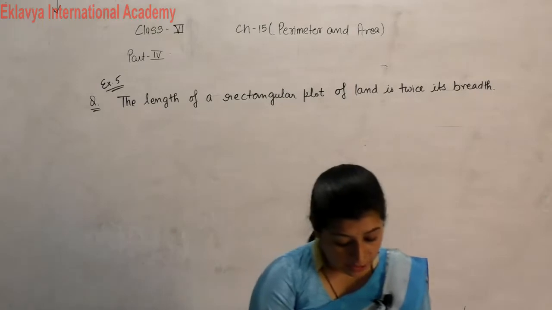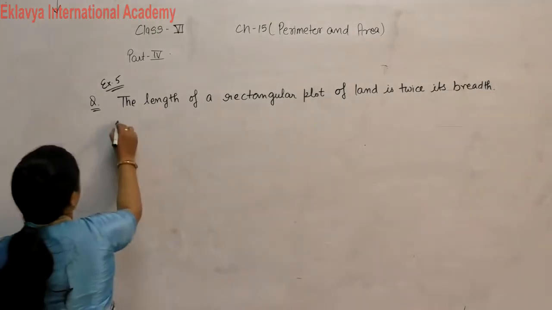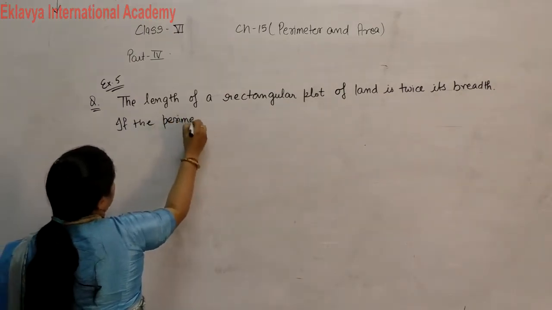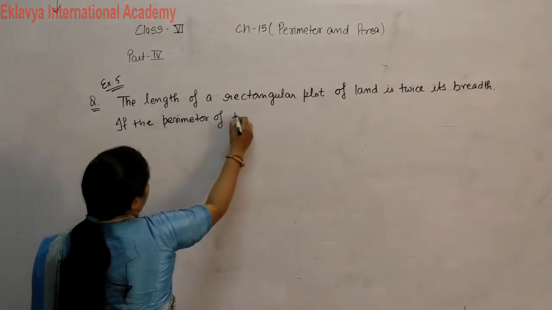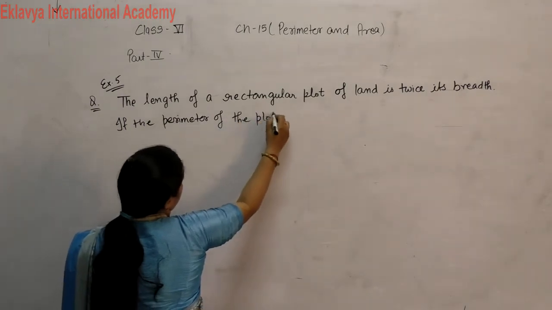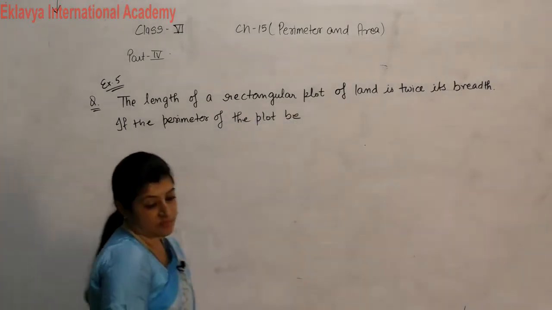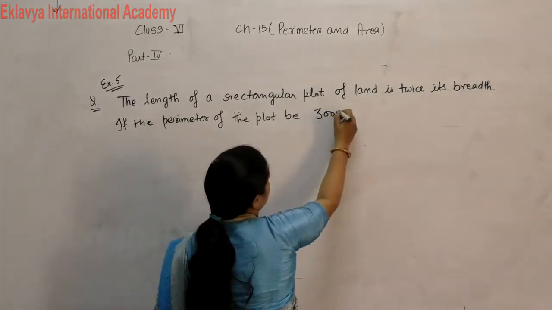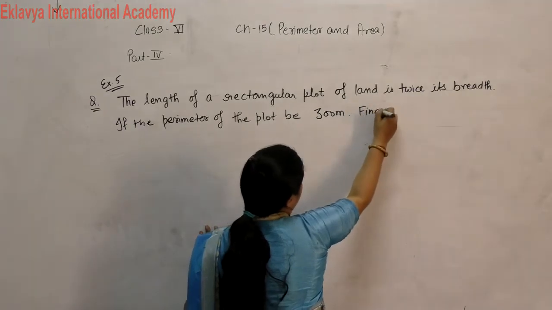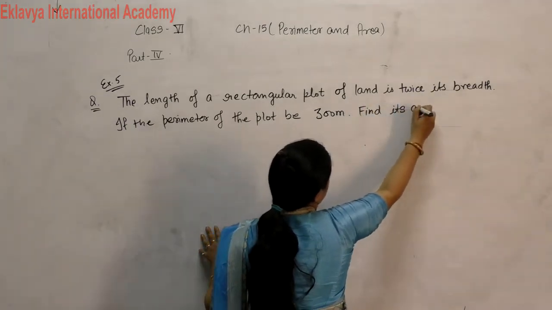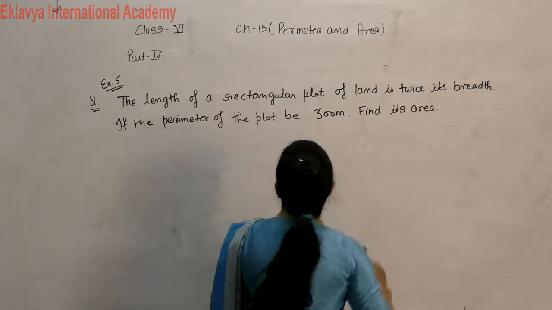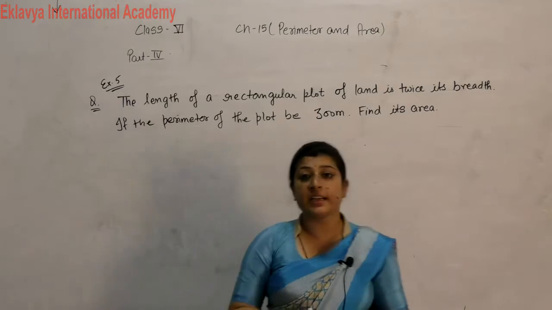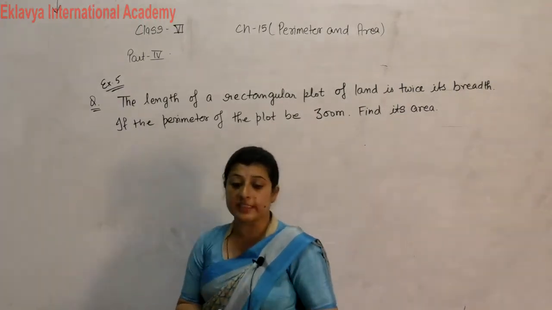If the perimeter of the plot be 300 meter, find its area.